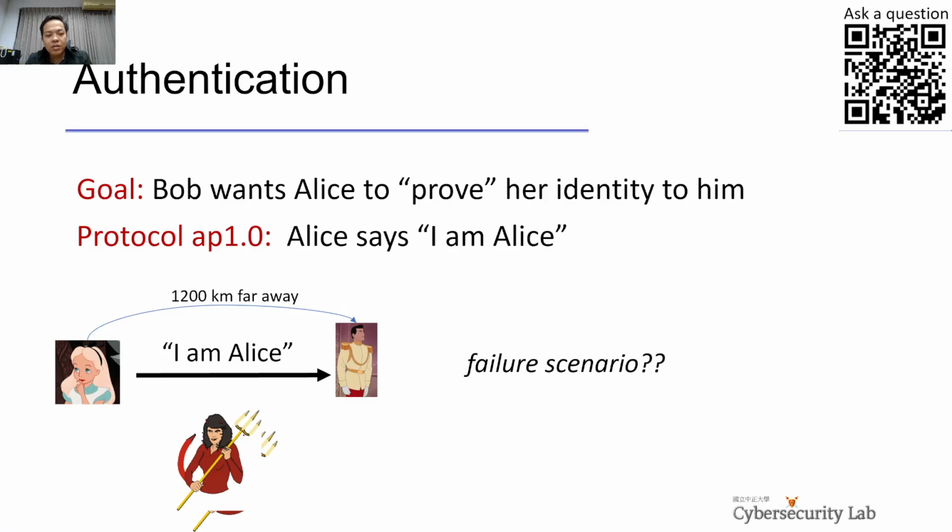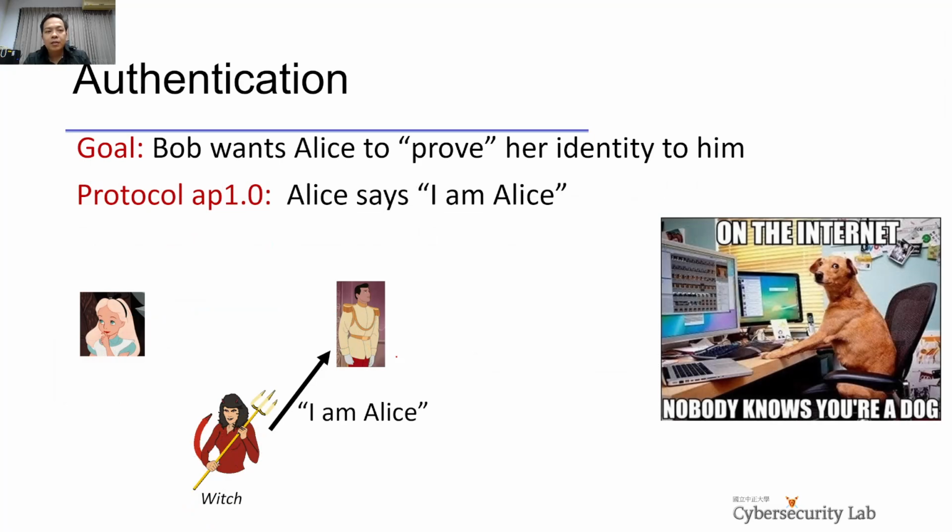That means a witch can intercept or collect the data between Alice and Bob, and can send a fake message to Bob saying, okay, I'm Alice. Bob has no way to know whether it is the real Alice or the fake Alice. It is similar on the internet, where you can fake another person and create fake messages.